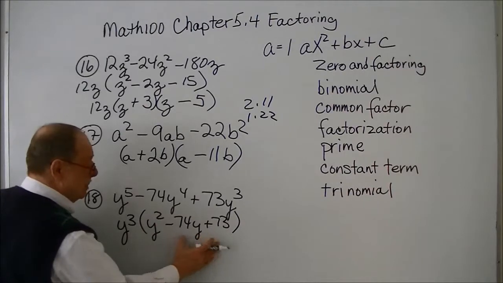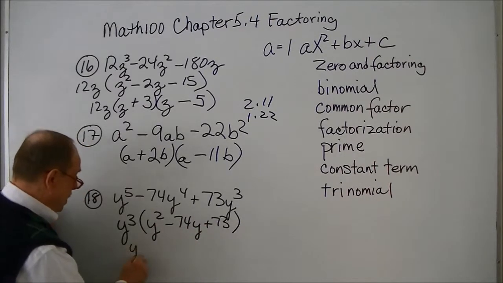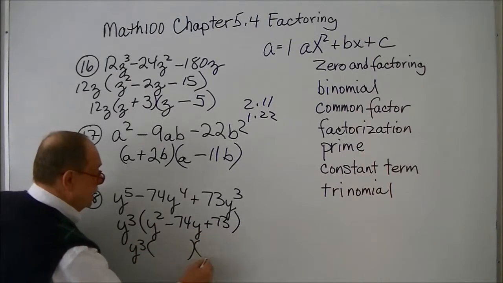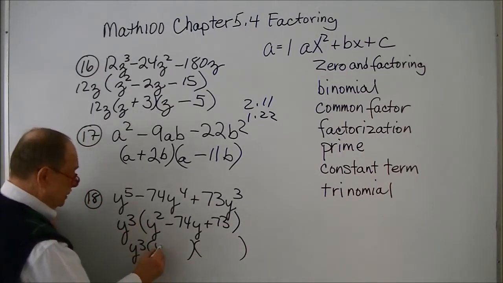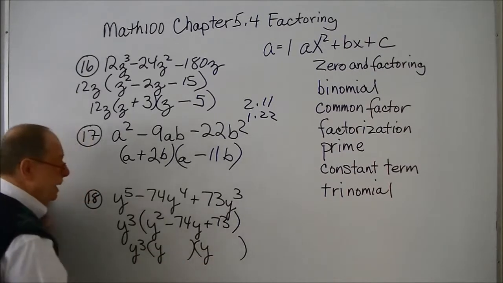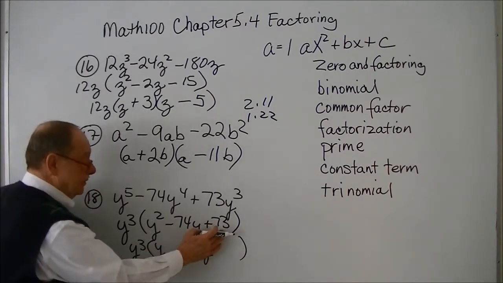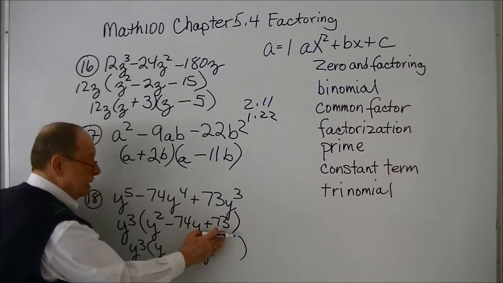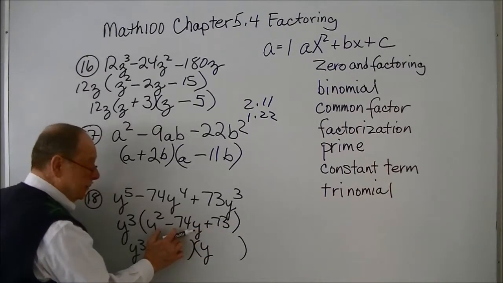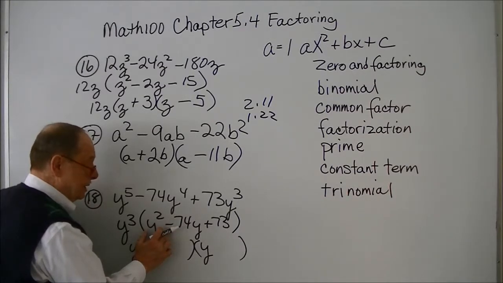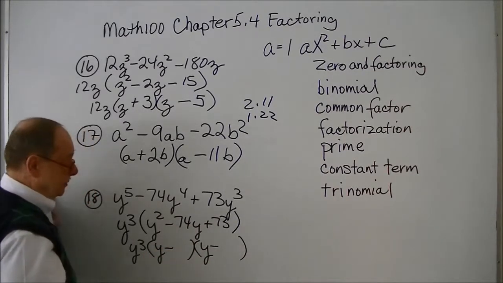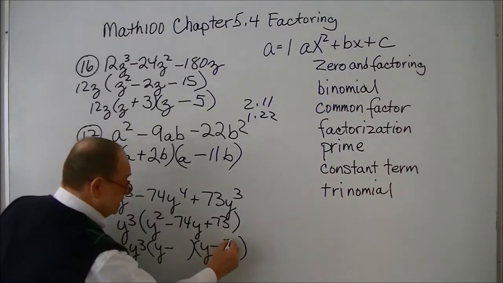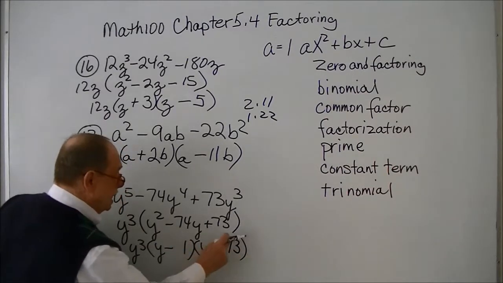Again, no common factors, so my y to the third times, and then two sets of parentheses. Remember, a is 1 here, so this is going to be a y and a y. And we want to get factors of 73 that add up to 74. Notice this is negative and this is positive, so both of these have to be negative, and it's just 73 times 1.